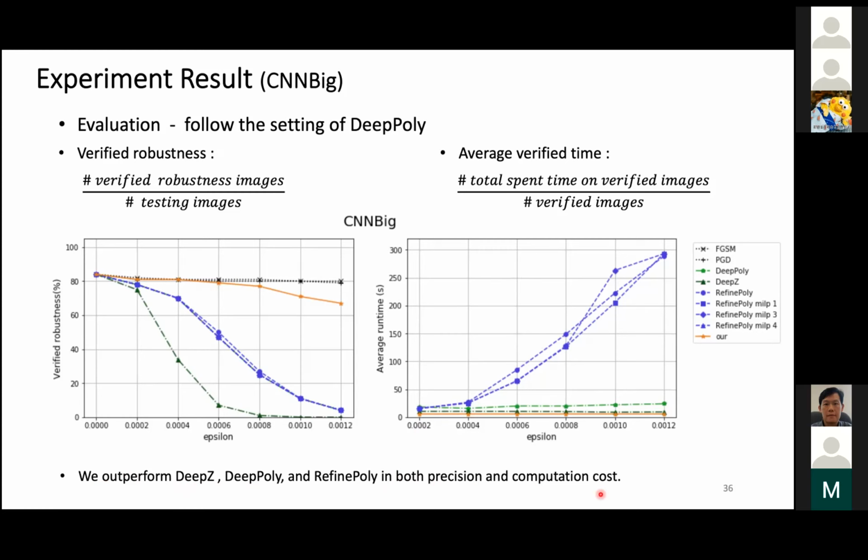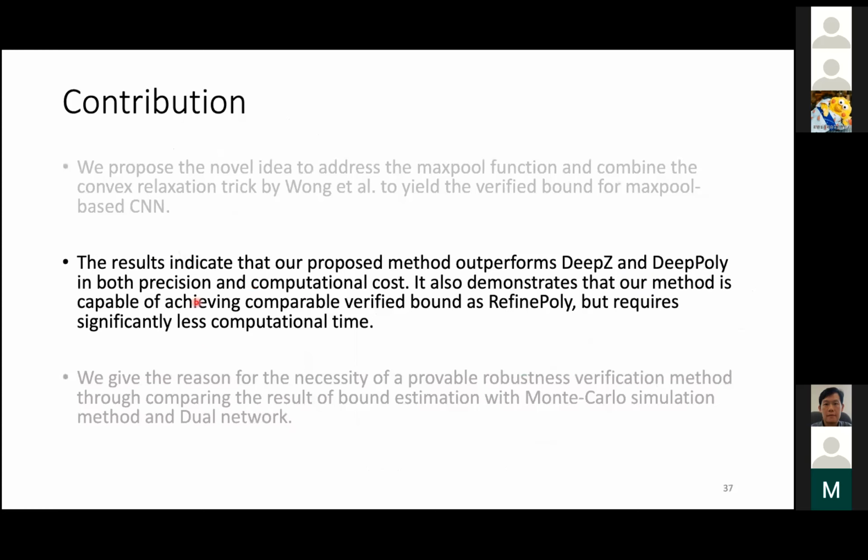So these two results also verify our second contribution. That is, it indicates that our proposed method outperforms DeepZ and DeepPoly in both precision and computation cost. We also demonstrate that our method is capable of achieving a comparable verified bound as RefinePoly, but we just require less computation time.